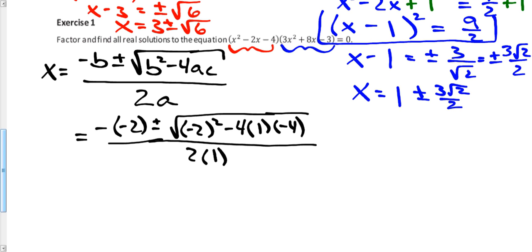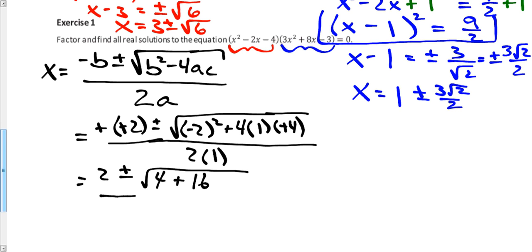And now all I do is simplify. So the opposite of negative 2 is positive 2, plus or minus negative 2 squared, 4. 4 times 4 is 16, positive. Okay, just be able to simplify from here.